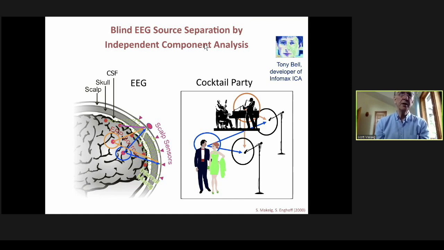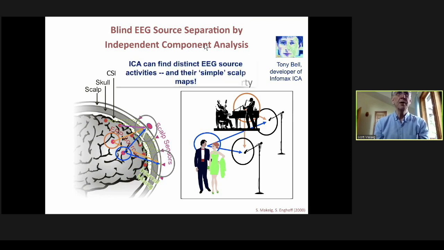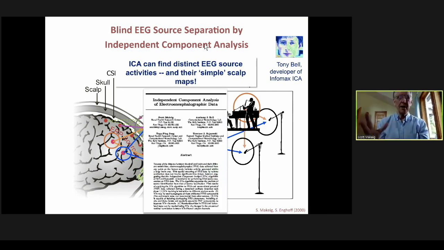They sum linearly there. And perhaps with ICA, you could find the time courses of activity in the individual cortical sites and their projection patterns, their simple maps representing the projection of a single source.